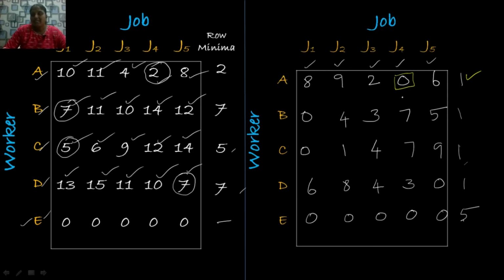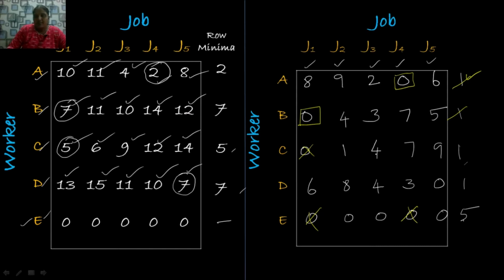After making assignment, cross the remaining 0 elements in the same row and column. Column wise it has only one 0 and row wise it doesn't have any 0. Now, next I am going to give my next assignment at this position, since it has only one 0. So, after making assignment, cross the remaining 0 elements in the same column and also row wise too.